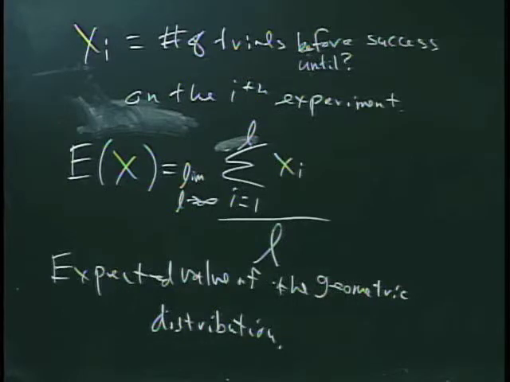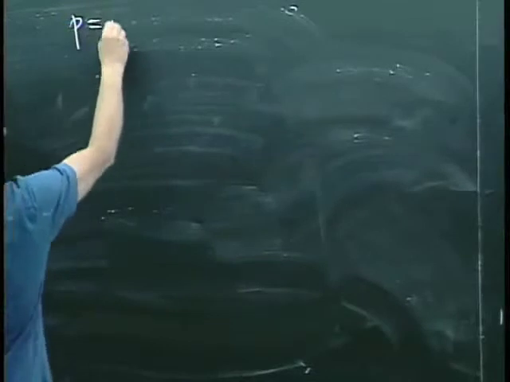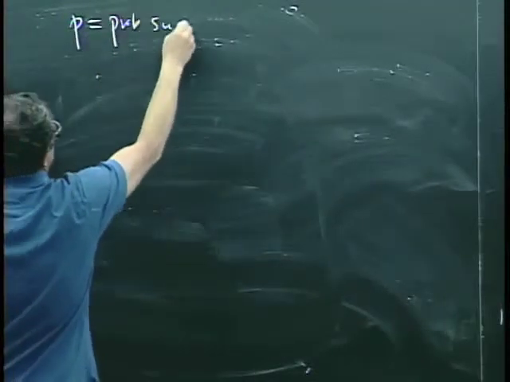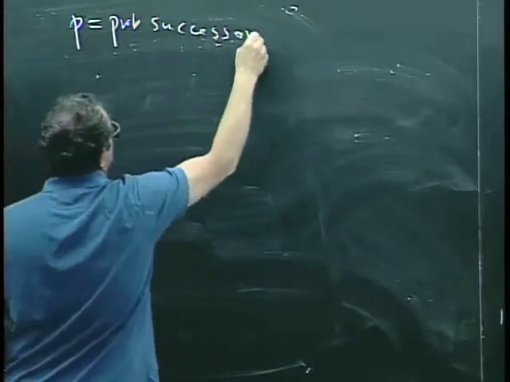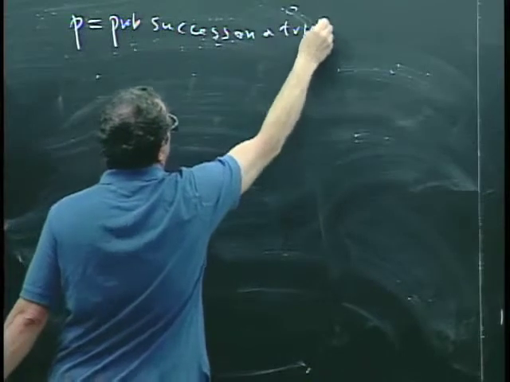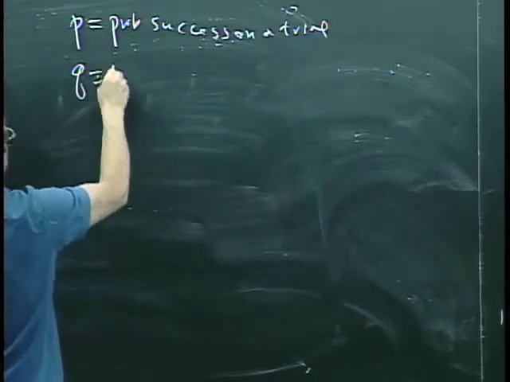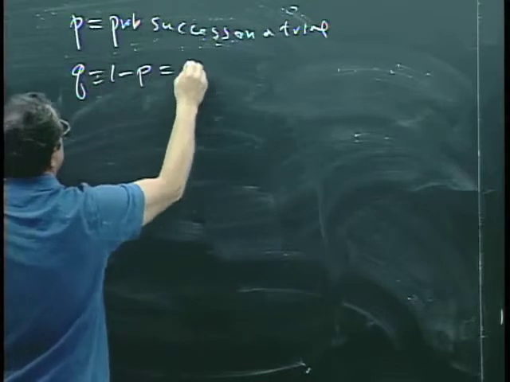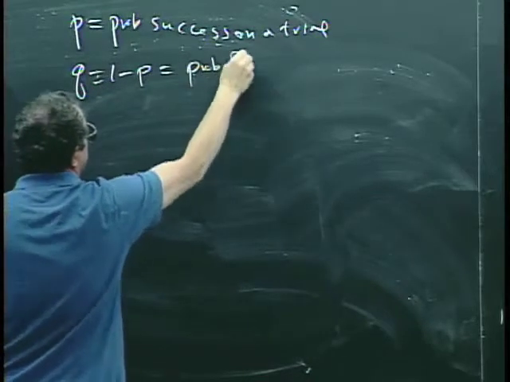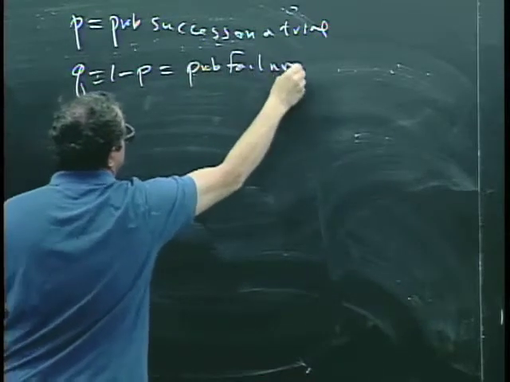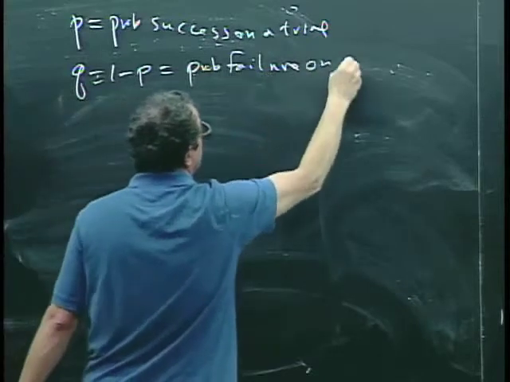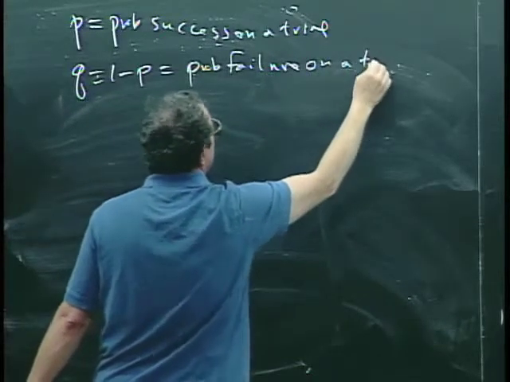Okay. So p equals the probability of success on a trial, an individual trial. q equals 1 minus p is the probability of failure on a trial.